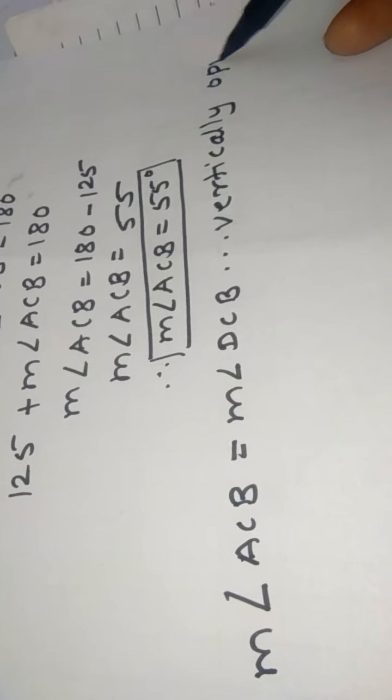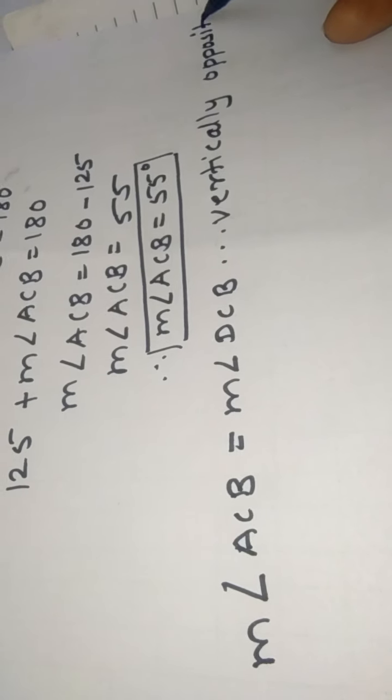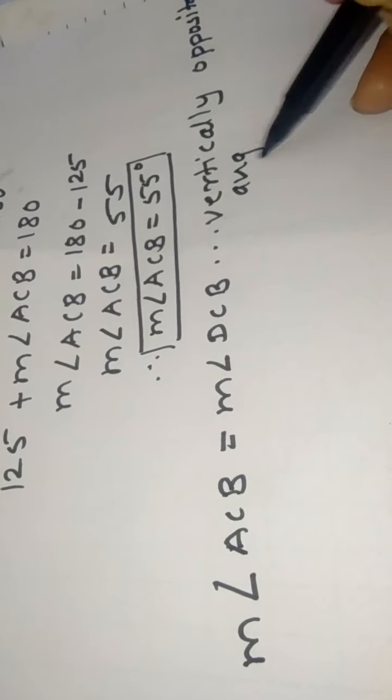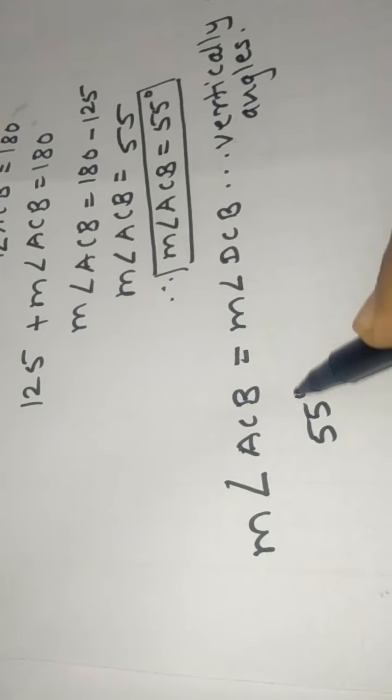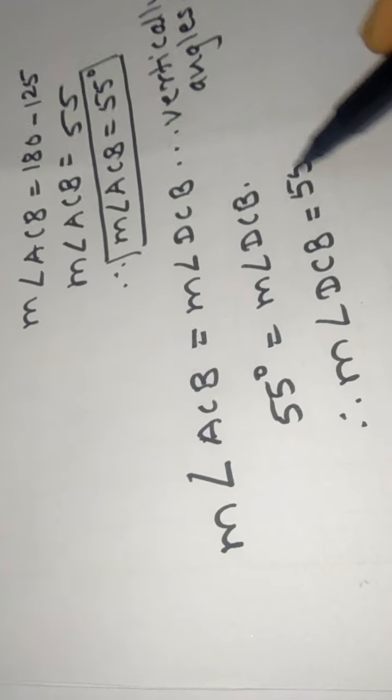Because they are vertically opposite angles. Angle ACB is 55 degree, which is equal to measure of angle DCB. Therefore, measure of angle DCB is equal to 55 degree. Okay. We will stop here.